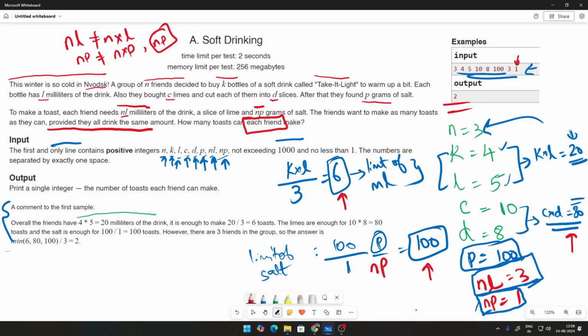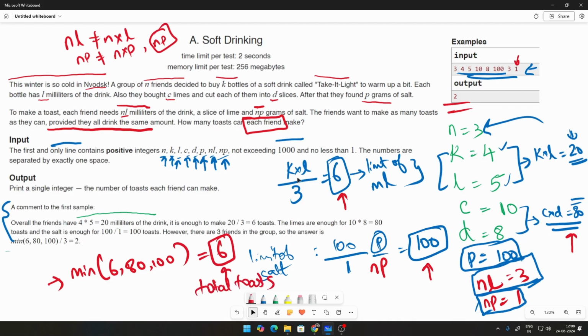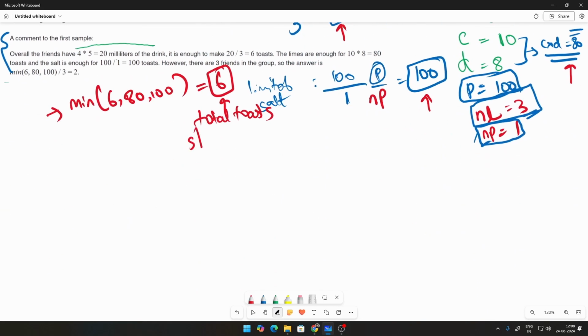So when I need to find out the number of toasts that I can make, that will be given by the minimum value of 6, 80 and 100, because that's what we discussed right now. If you're able to understand how this particular line came, this will be something like 6. So I can make 6 total toasts, and these toasts are being shared by 3 people.